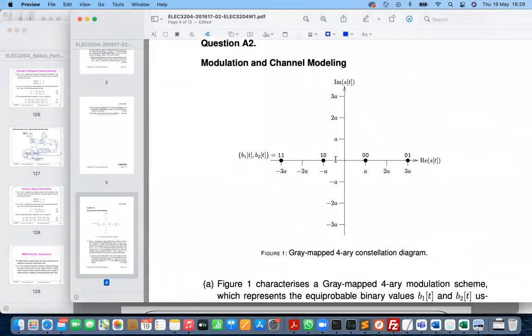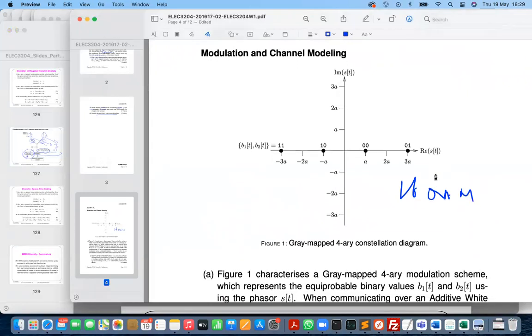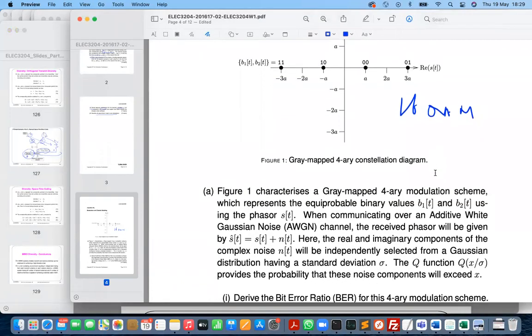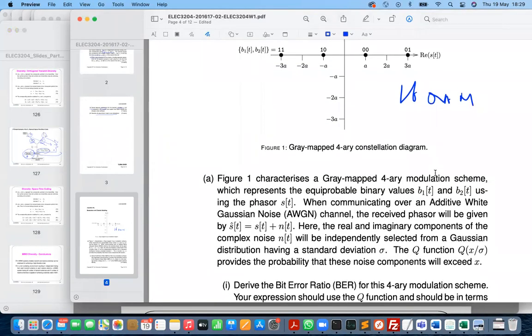And the second question is modulation and channel modeling. So this is the real part of this constellation. You only have one dimension, which is the real part. So basically, this is the same question as before. You need to derive BER based on the Q function.